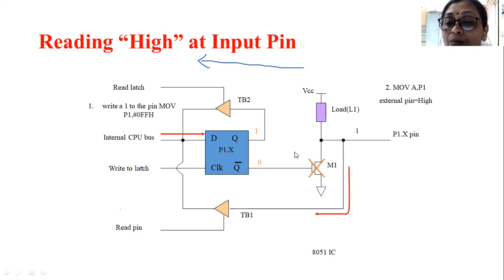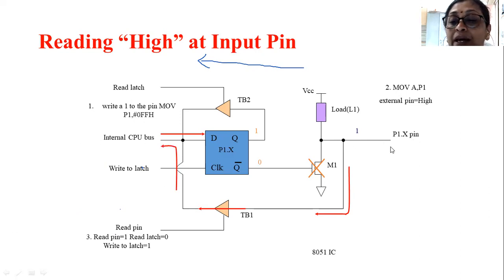Okay, now this 1 will be applied to TB1, and this read pin is made 1. So as this read pin is made 1, this logic 1 will be present at the output of buffer, and through buffer it will be passed to the internal bus of CPU.